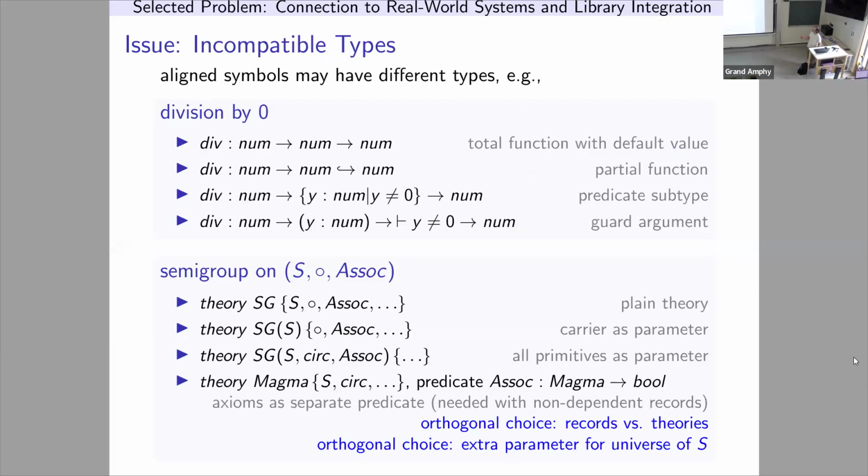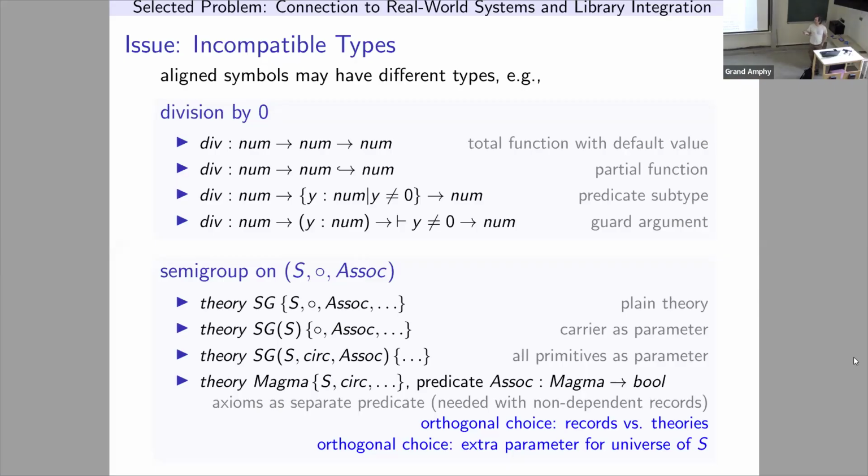If we want to do division, there's all kinds of different ways to represent the fact that division is a partial function. Every library is forced to pick one of these, or yet another way.